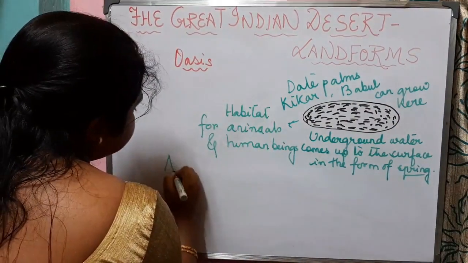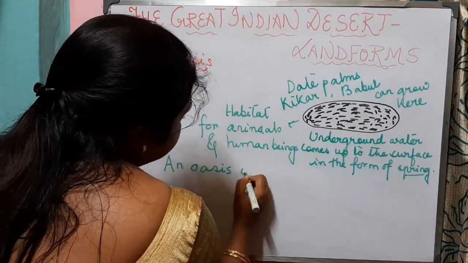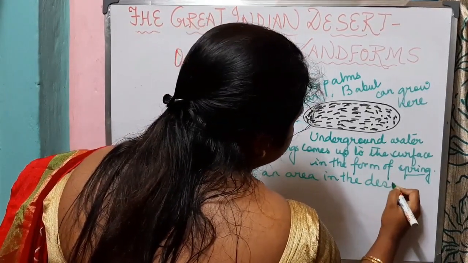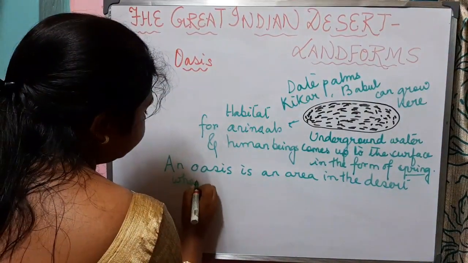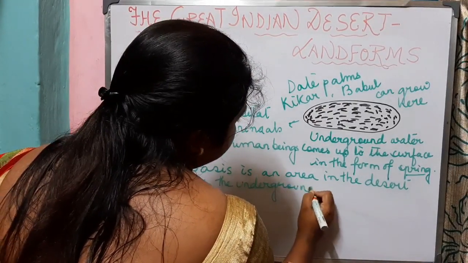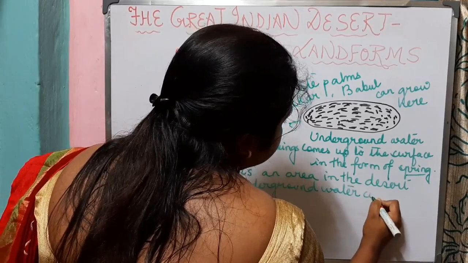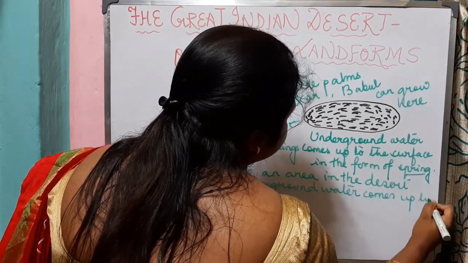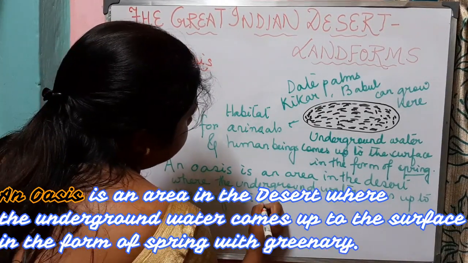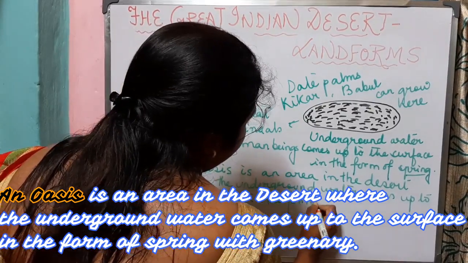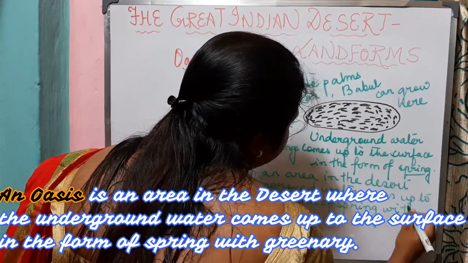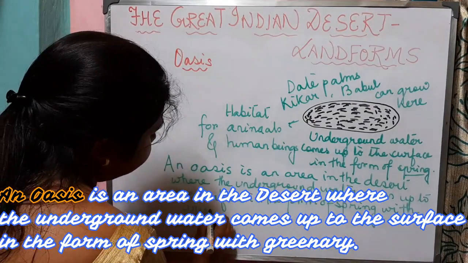So what is an oasis? An oasis is an area in the desert where the underground water comes up to the surface in the form of a spring with greenery.